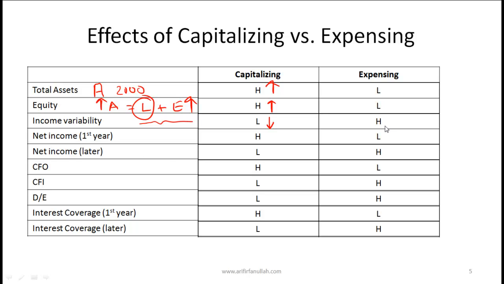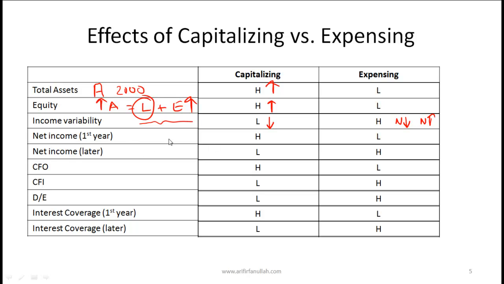For the expensing firm, every year that it spends money on equipment, the expense will go up, and so the net income will go down. And then in years where the company is not buying any equipment, the net income will be higher. So a lot more variability depending on when the company buys its equipment.